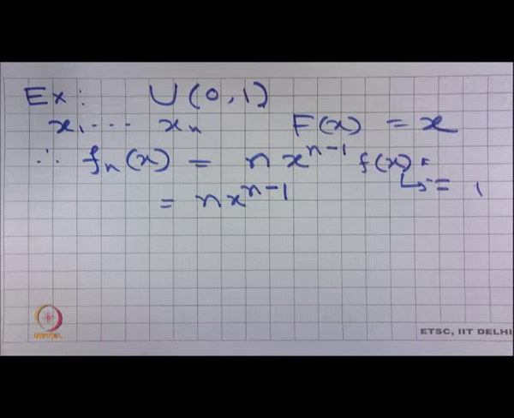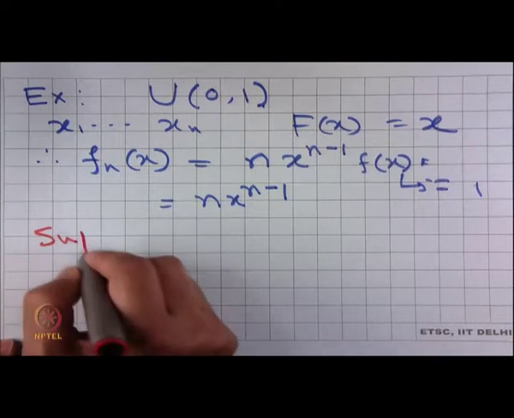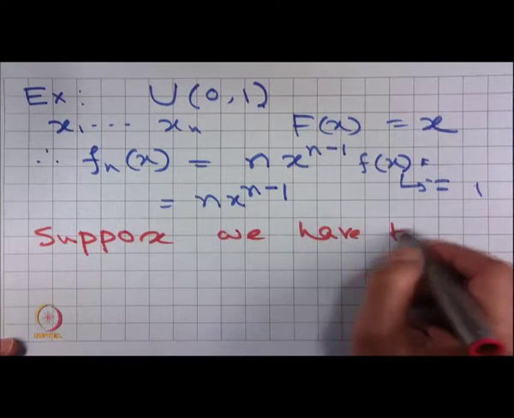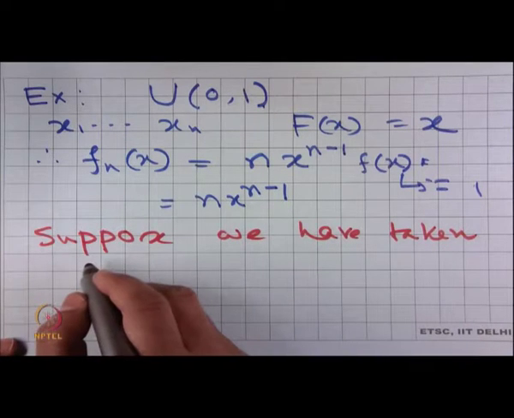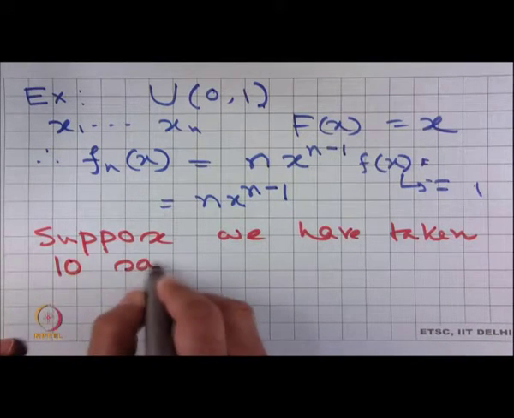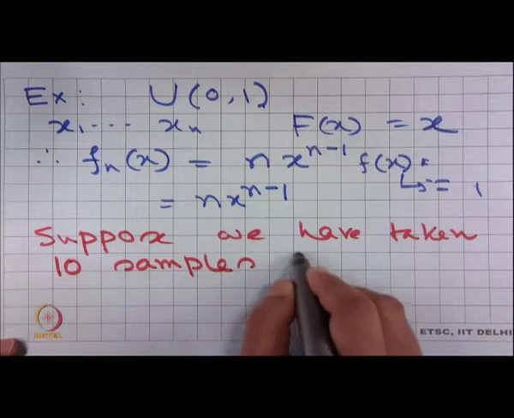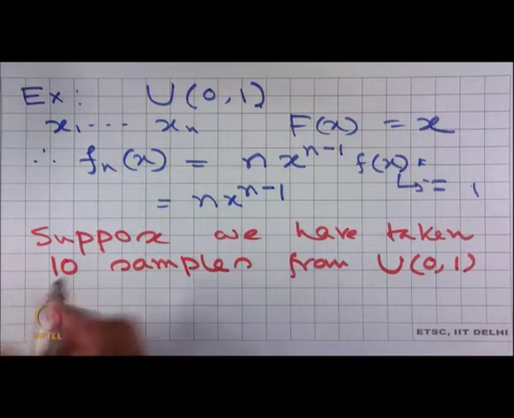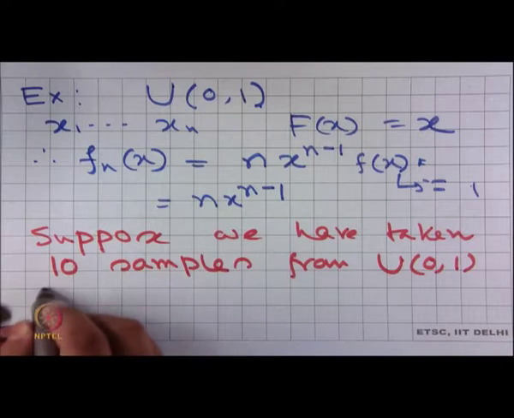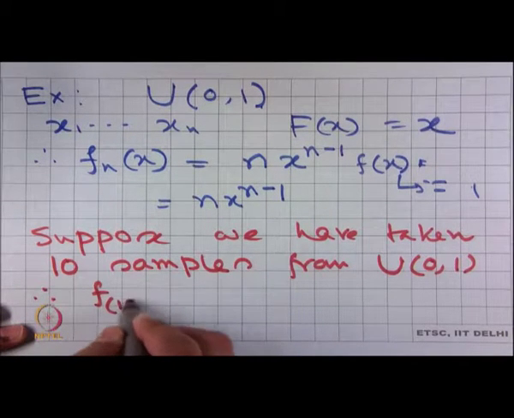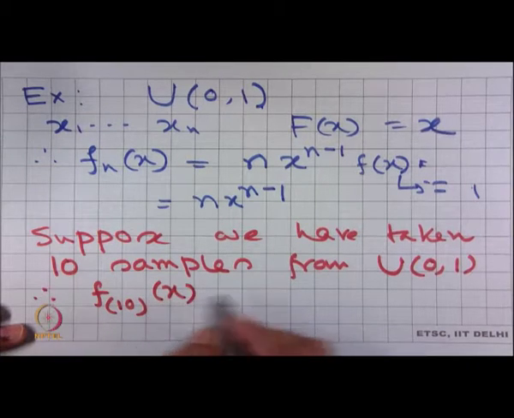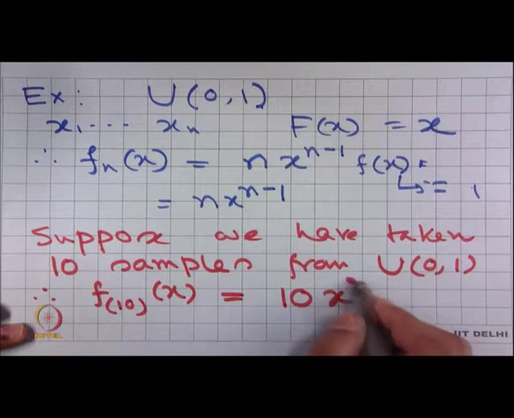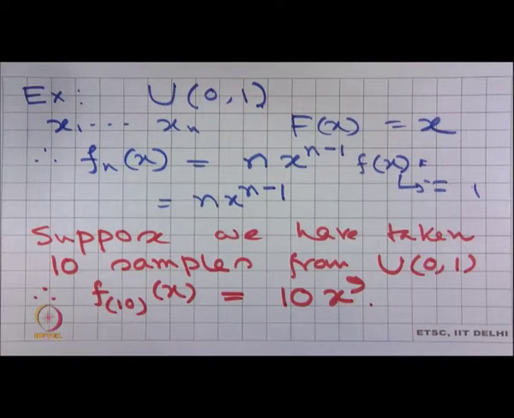So, suppose we have taken ten samples from uniform 0 1. Therefore, f 10 at x is equal to 10 into x to the power 9, right.